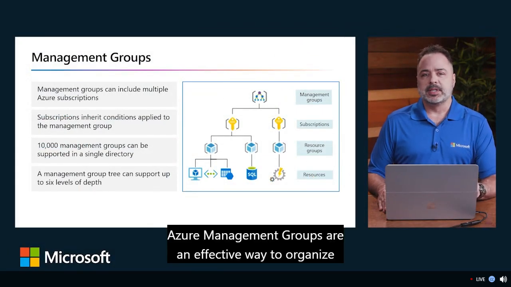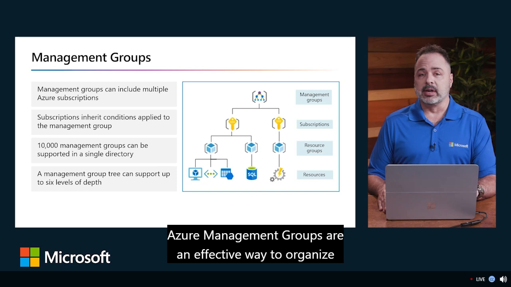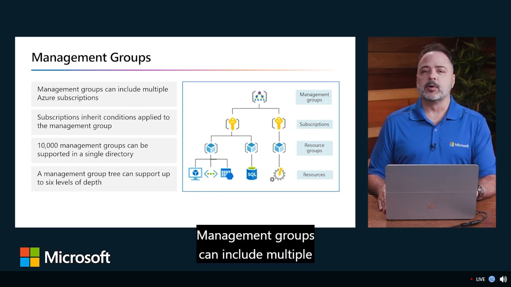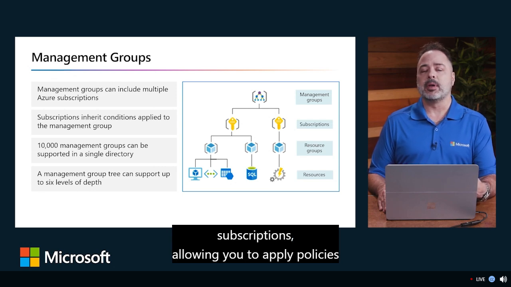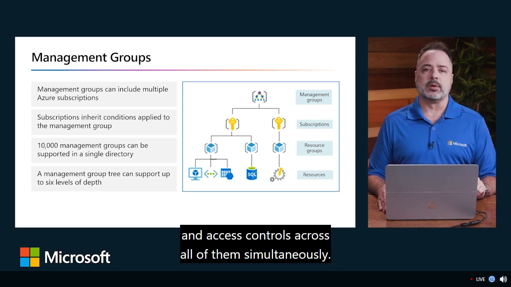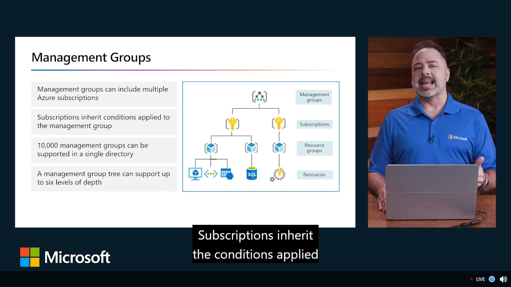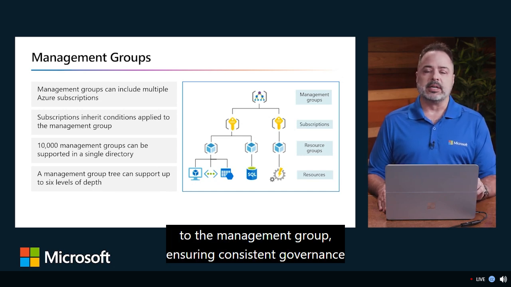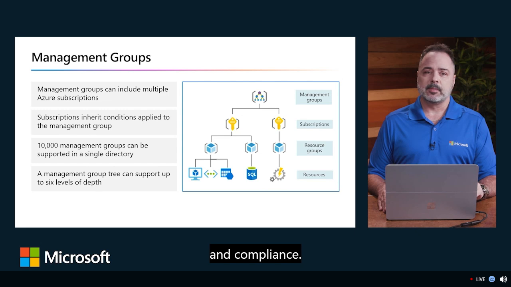Azure management groups are an effective way to organize and manage multiple Azure subscriptions. Management groups can include multiple subscriptions, allowing you to apply policies and access controls across all of them simultaneously. Subscriptions inherit the conditions applied to the management group, ensuring consistent governance and compliance.